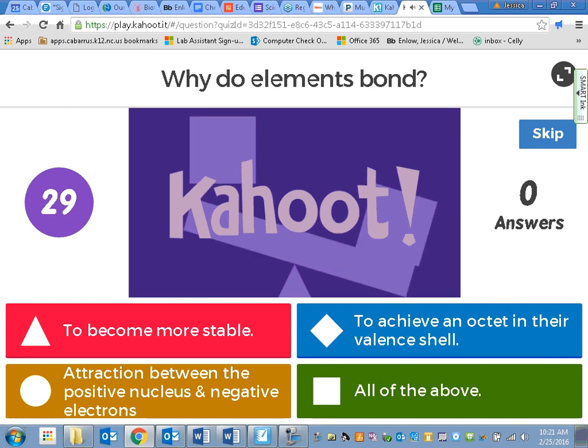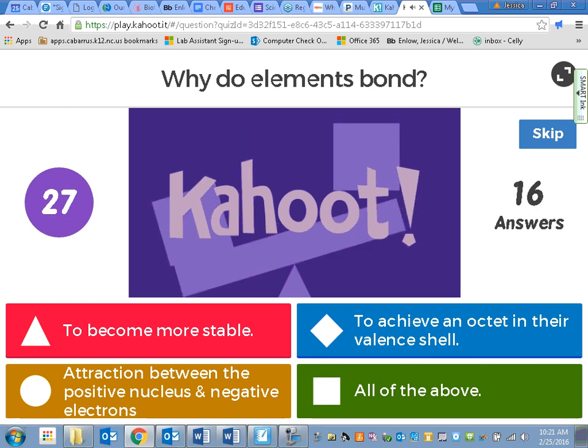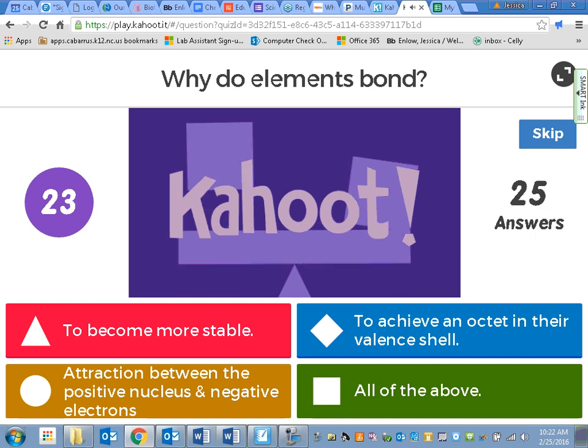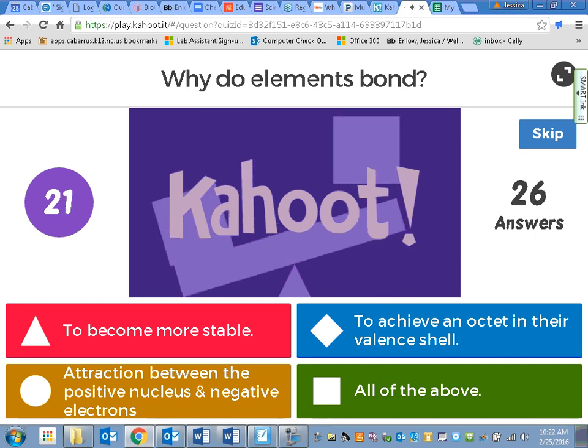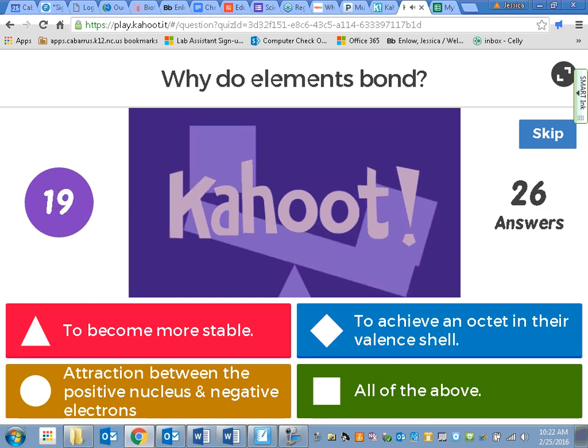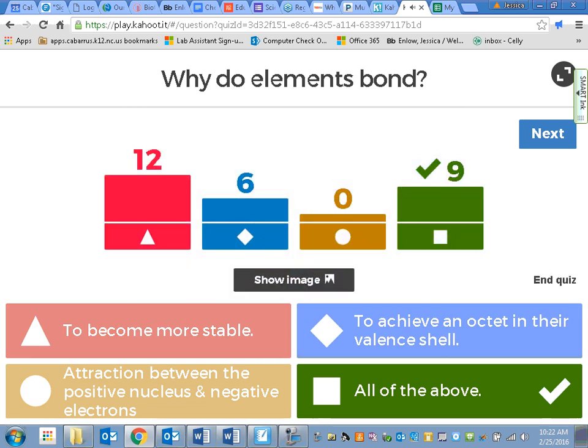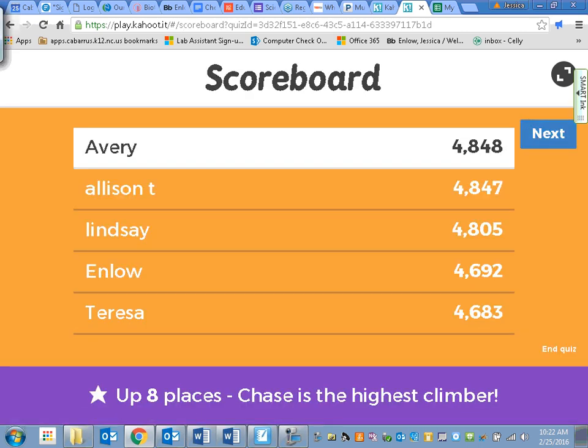You may have investigated this. All of these. Okay, to become more stable, there's only one reason. Elements want to become stable just like we do. They bond for that reason. They'll achieve octet through their valence shell, and there's usually some attraction going on, and that minimizes their overall energy, which makes them happier.